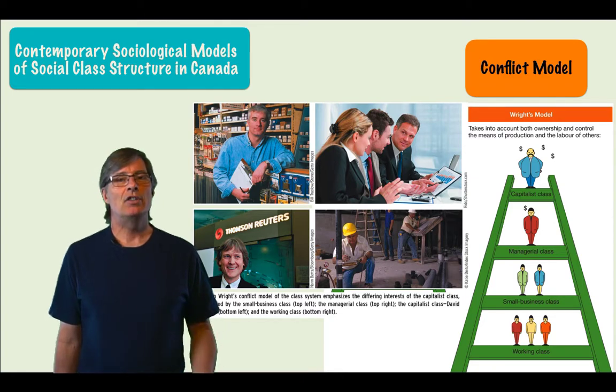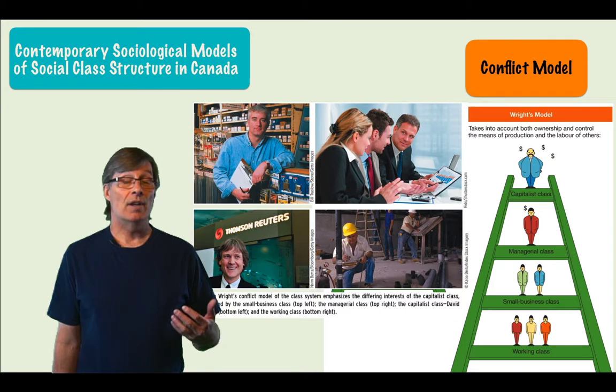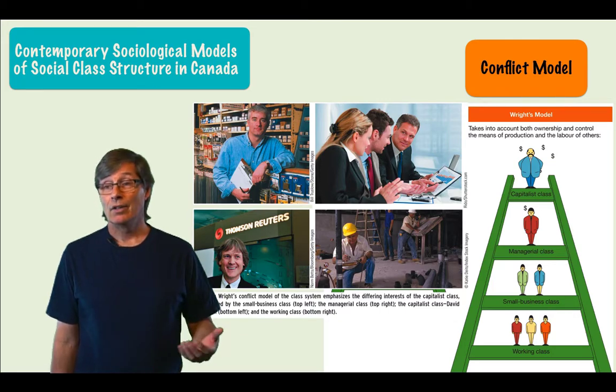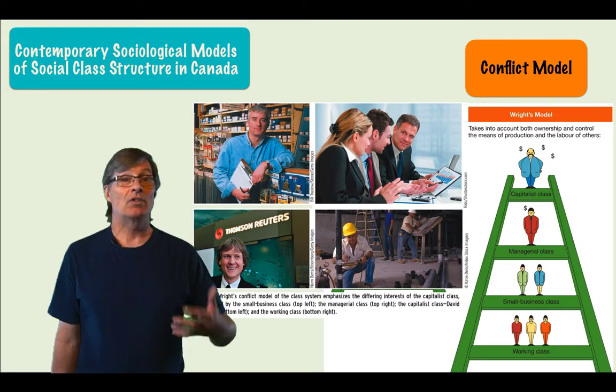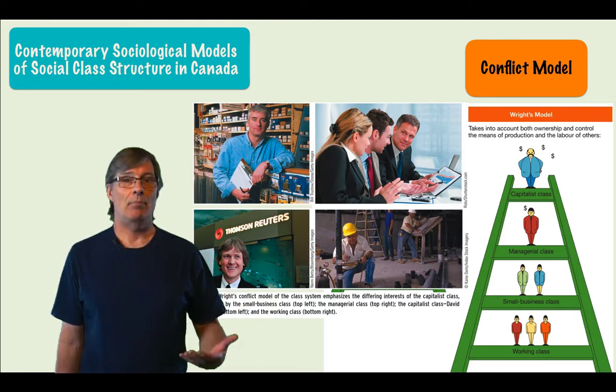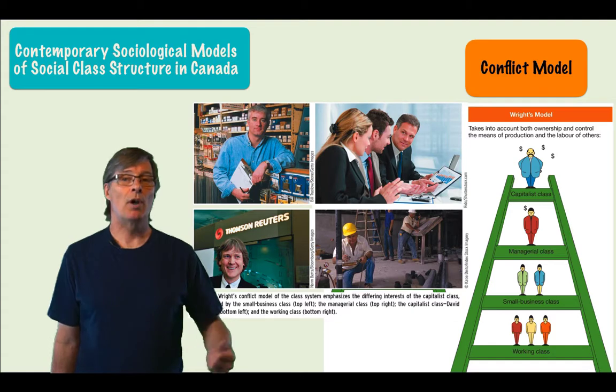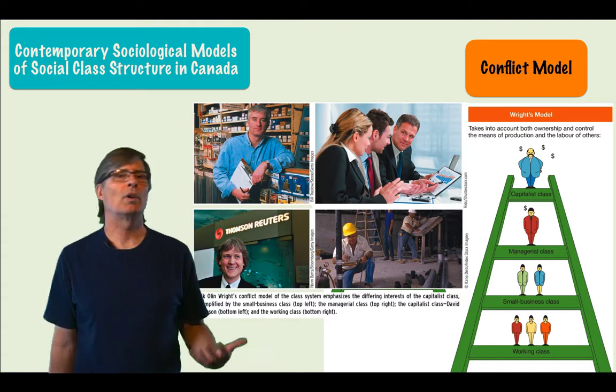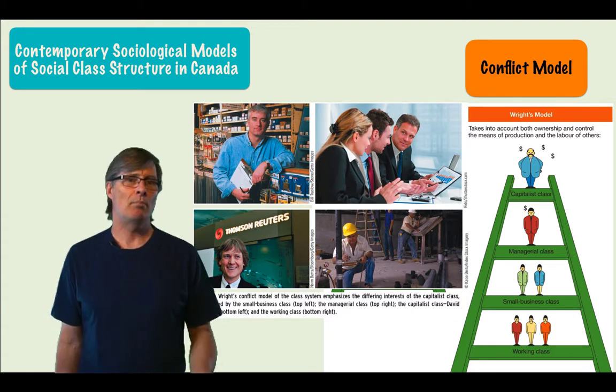They make major decisions about workplaces, whether or not, when Target or when Zellers closed, that high upper class, the capitalist class, made decisions about what stores were going to open, what stores were going to close, and it has a huge impact on the working group.